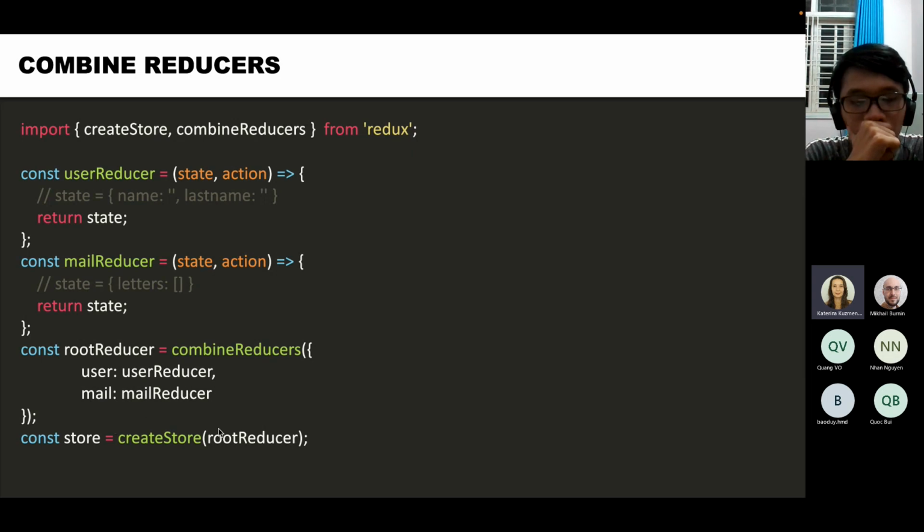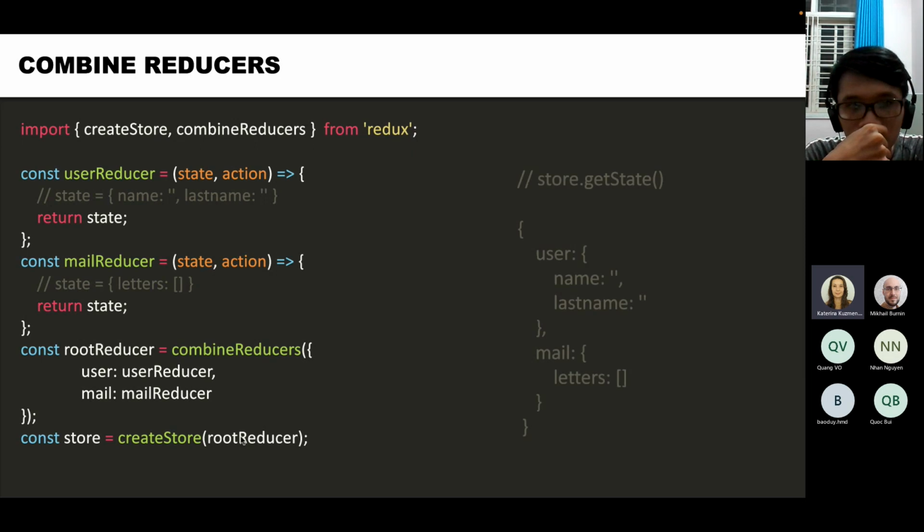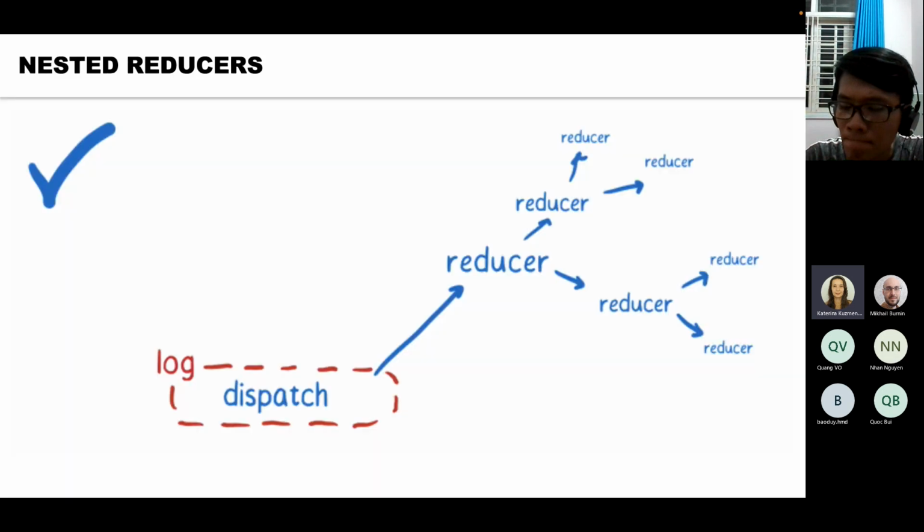Then we create a store with our combined reducer. The key point here is that it returns a combined state, right, Mikhail, with data from the reducers which we combined. Yeah, that's how combineReducers usually works.